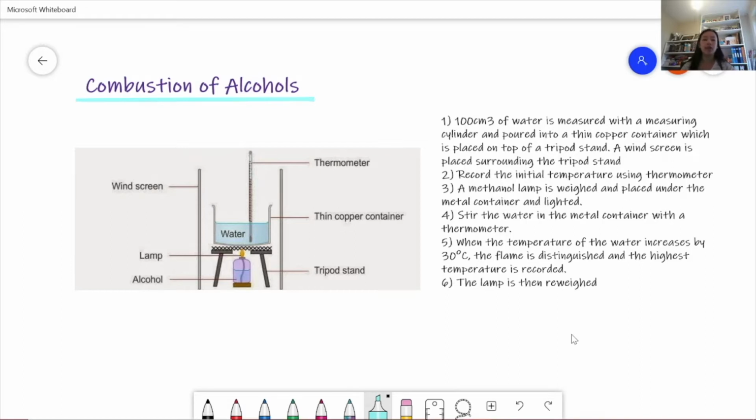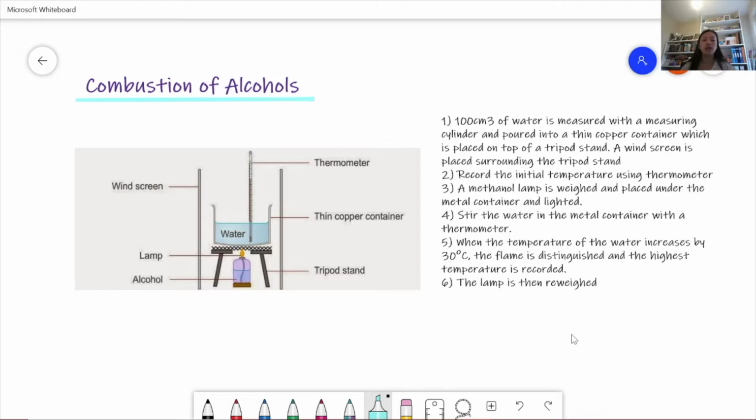And then number 3, you weigh a methanol lamp, which we will be lighting, and that will be our burning fuel. And we place this under the metal container and light it. And then we stir the water in the metal container with a thermometer, and this ensures that the heat is uniform throughout the water.